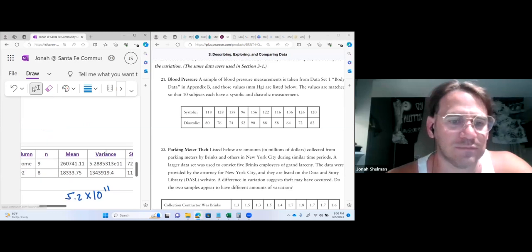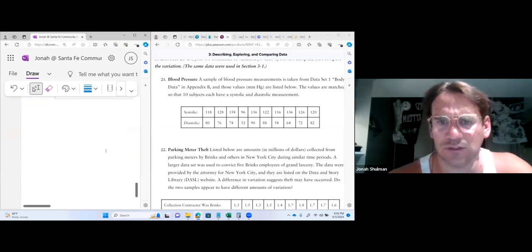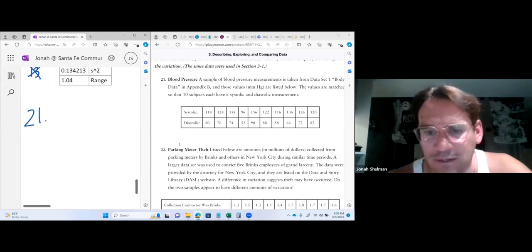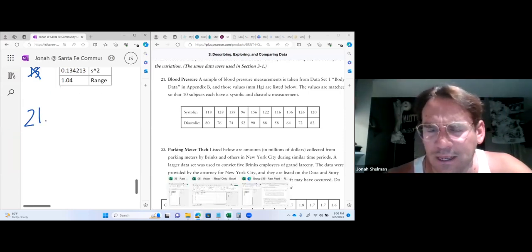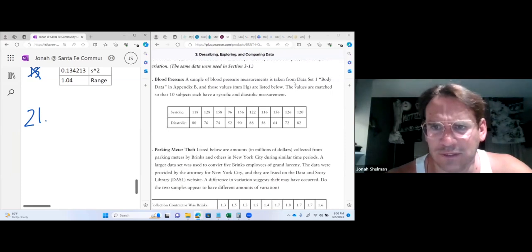I always want to leave you stuff to do, but I don't want you to freak out, not knowing what you're doing. So here's 21. We've got this data. And remember, this is not everything. This is not everybody, right? This is just a sample.